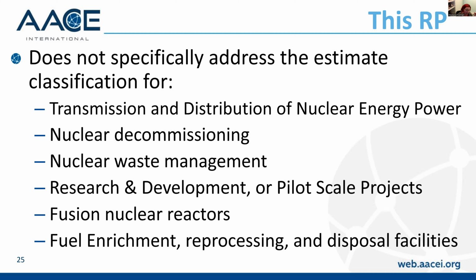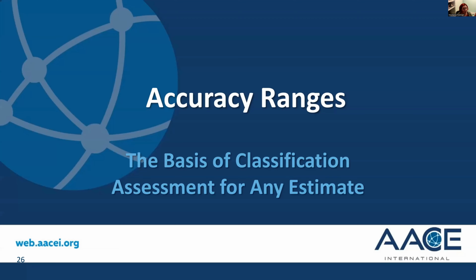The important pieces of this RP include the accuracy ranges. Now, one of the comments that came in during the peer review of this RP was that these accuracy ranges were in excess of what had already been used in different organizations, and it was very difficult to have management agree to having a range that much wider.